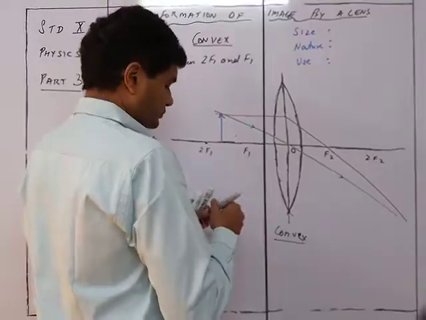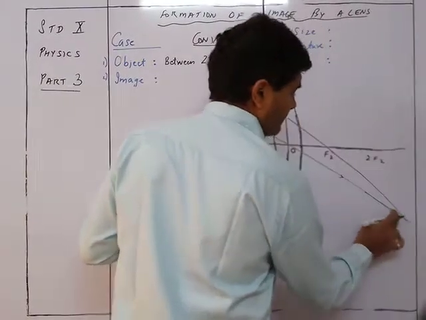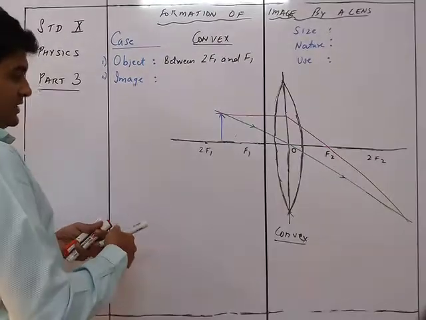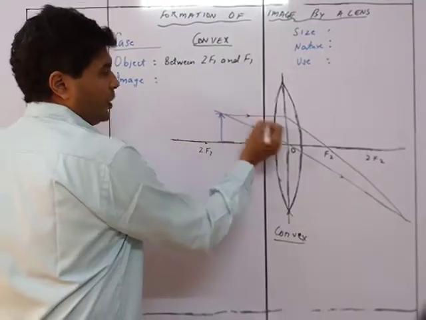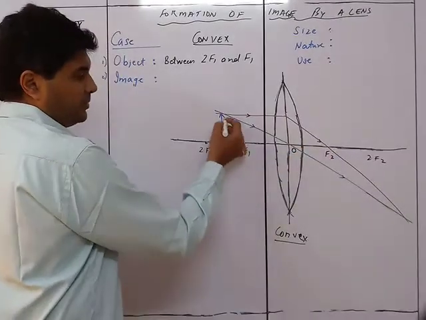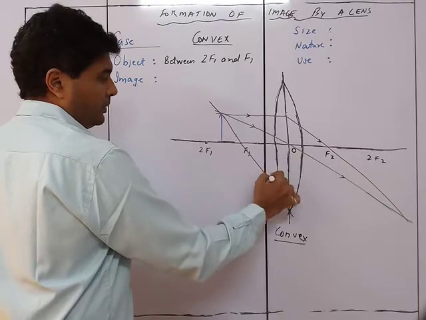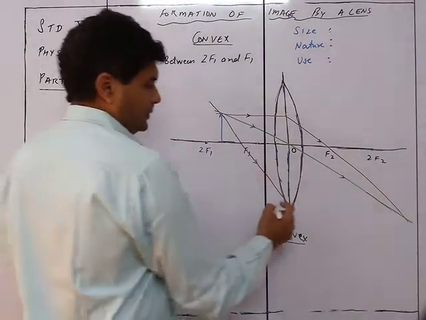Okay. So this should meet somewhere. And finally, the last one is from F1, which you may or may not draw, because sometimes when you draw this, it may not reach this particular point. So if it reaches here, then I am drawing it.